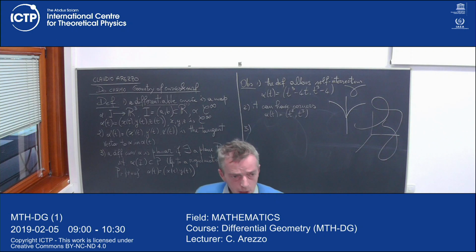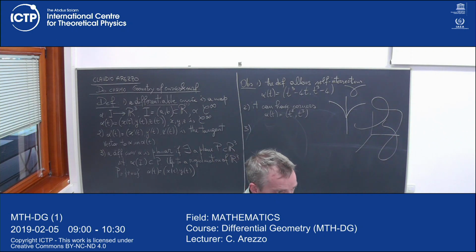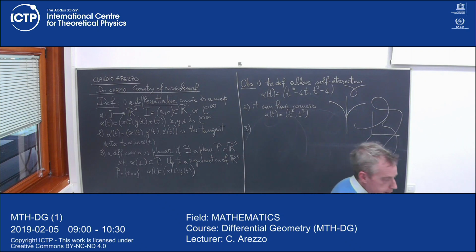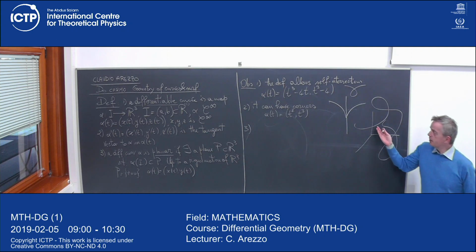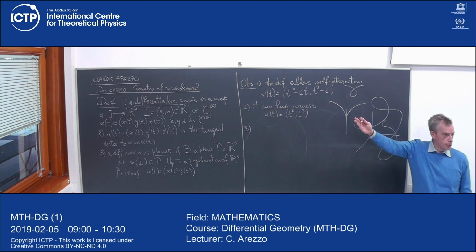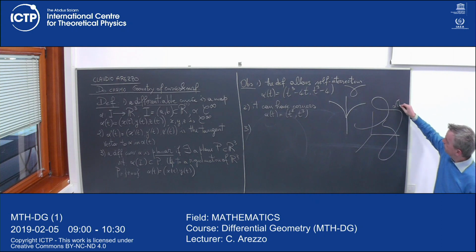As a subset of R3, which has the standard Euclidean topology, it gets a topology. So is this object homeomorphic to the interval where it comes from? This is the image of some interval.